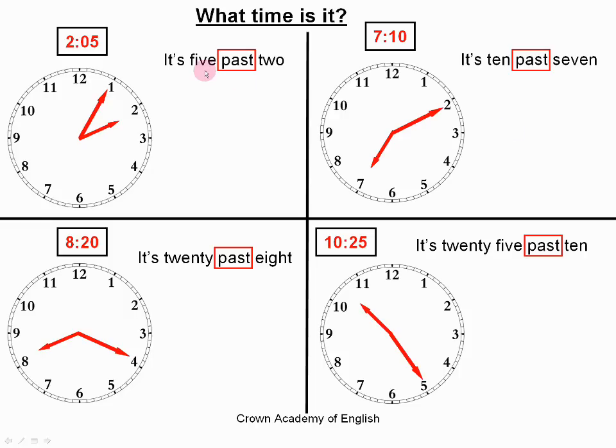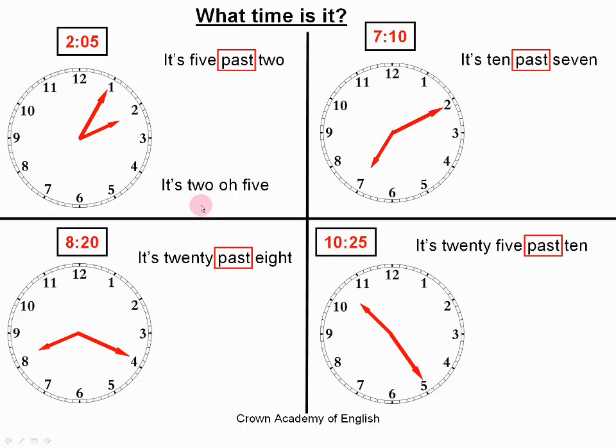Now, this is the first method of telling the time, but there is also a second method. So we can also say it's 2:05. This is another way of saying the time.